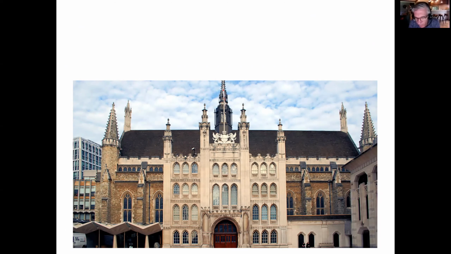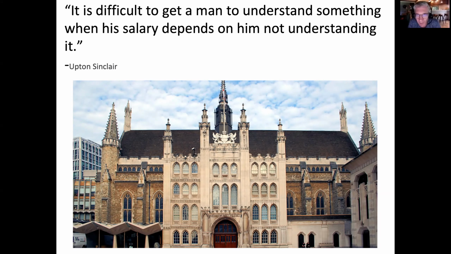So what you're looking at here is a picture of Guildhall. This is arguably the birthplace of the modern labor union in London. And it goes along with this quote from Upton Sinclair, who said that it's difficult to get someone to understand something when his salary depends on him not understanding it.